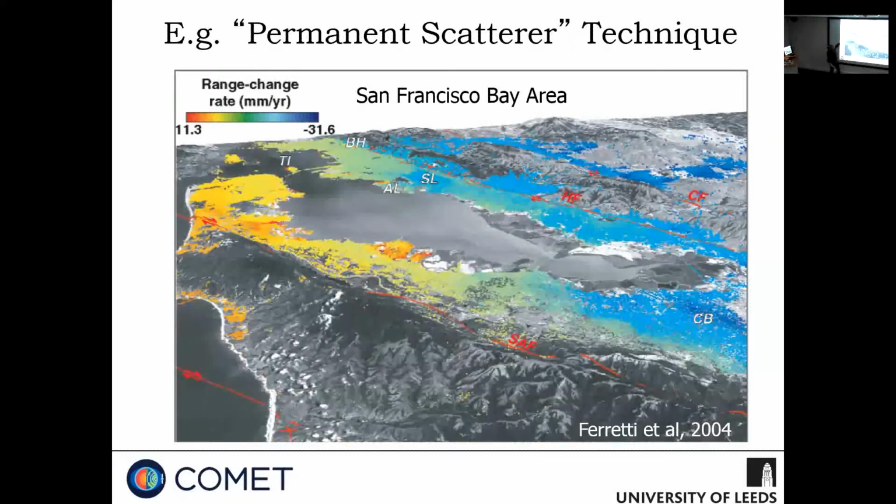What you can see here is the San Francisco Bay region, and color here is representing average velocity. Although you have a whole time series of images, you actually get a time series of deformation per pixel. One of the things you can show is the average velocity, shown here. I won't go into the details of what this means for the Bay Area.